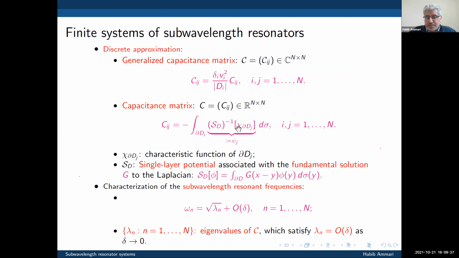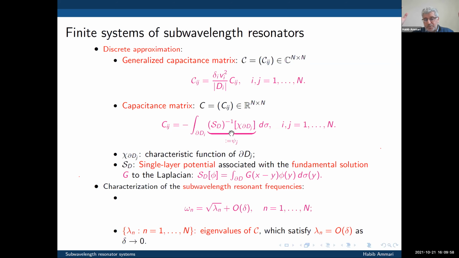This is the characteristic function of the boundary of one of the resonators, and we integrate them, we get entries of this capacitance matrix. Then we weight this capacitance matrix by multiplying it by these coefficients. This is in terms of the volume and the material parameters. We get this matrix here.